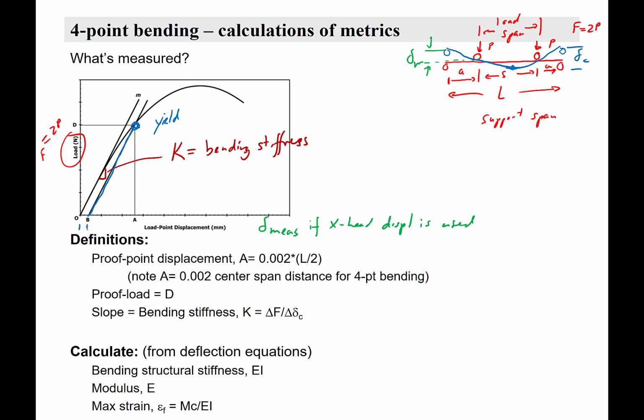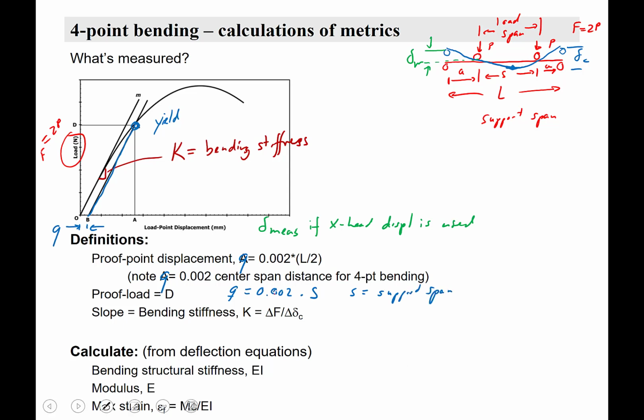amount right here, and I wrote this wrong here. I'm going to call this Q, and this is distance Q. Okay, so Q for the 4-point bending is right here. Q equals 0.002 times S, where S equals the support span.